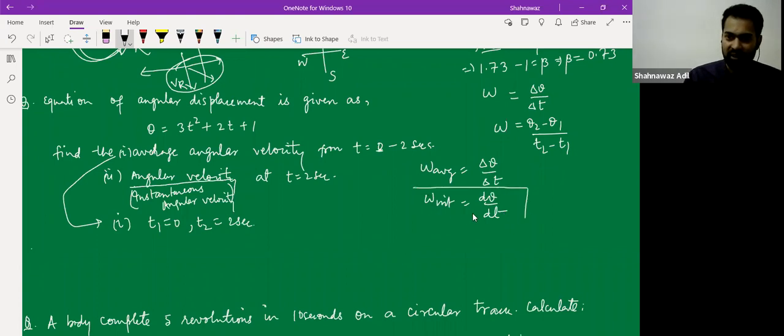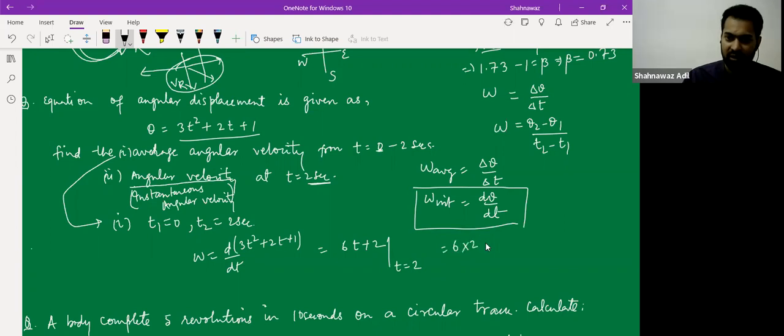So we have to calculate this at an instant at t equals 2 seconds, right? So omega will be what? d theta will be what? So theta is 3t square. So this is 6t plus 2, right? At t equals what? 2 seconds.